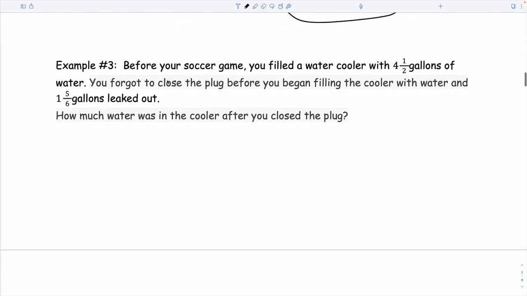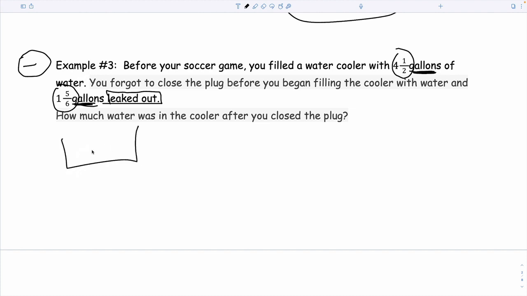Last example, before your soccer game, you filled a water cooler with 4.5 gallons of water. You forgot to close the plug before you began filling the cooler, and 1 5/6 gallons leaked out. A few things I'm noticing. Leaking out means it's like getting less, and gallons is the same label. That's the same unit. So if I have a same unit, I'm probably adding or subtracting, and if it's leaking out of the cooler, I'm probably subtracting it.